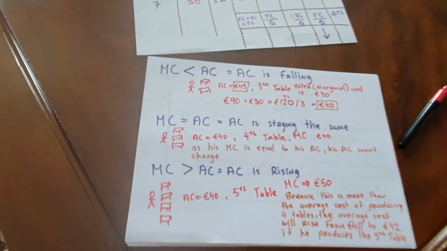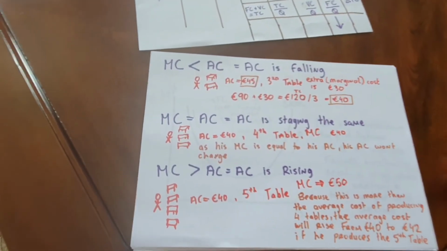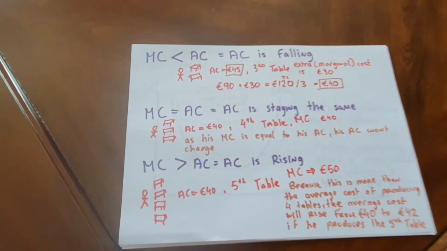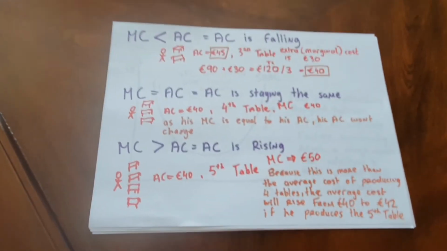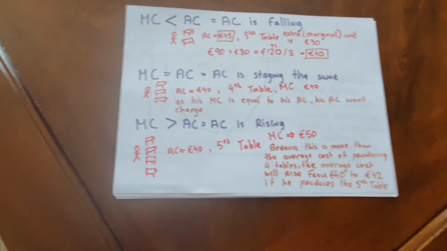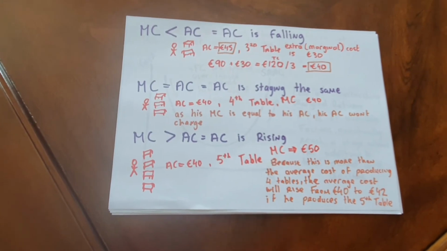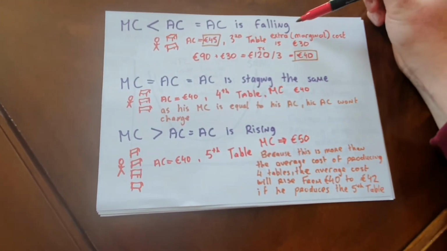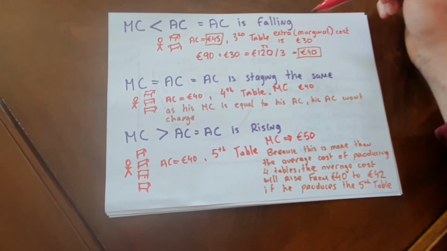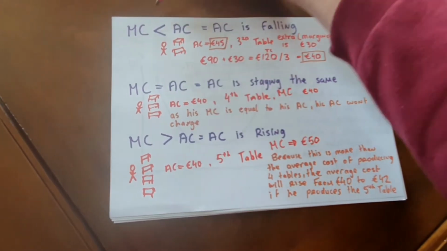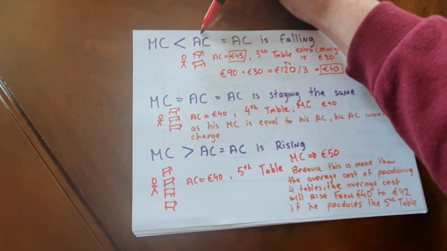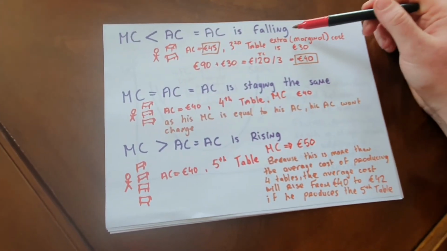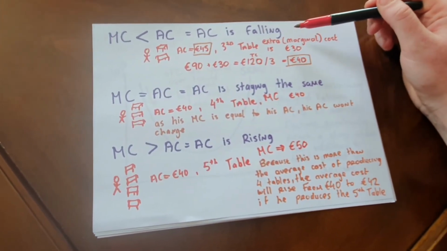Okay. Now, 3 things from here. We have our marginal cost and average cost. These are two things that are quite closely intertwined, and we have to understand the relationship between them. If our marginal cost is less than our average cost, that means that our average cost is falling.